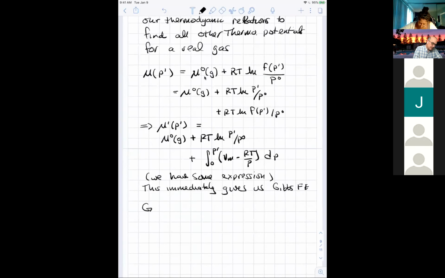In other words, we can say the Gibbs free energy at some pressure equals some standard Gibbs free energy from the gas phase plus a pressure dependent term, right? So the first thing is a standard free energy, which is going to be a constant, right?